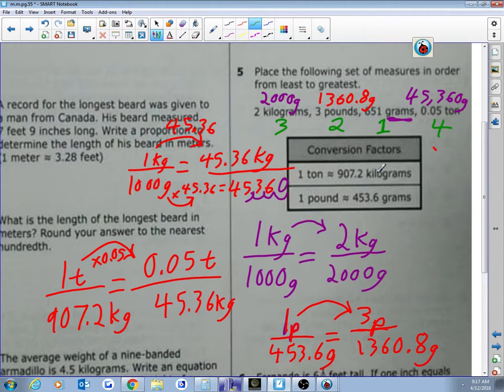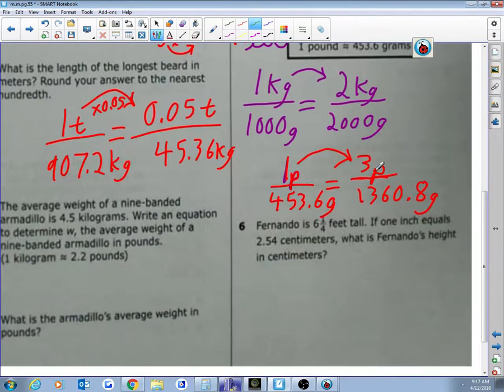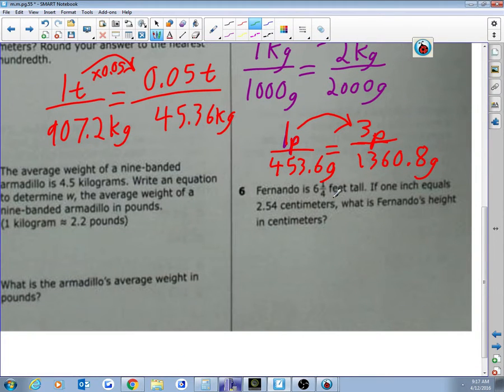Okay, moving on to number 6. Fernando is 6¼ feet tall. If 1 inch equals 2.54 centimeters, what is Fernando's height in centimeters? So first we have to turn 6¼ feet into inches.